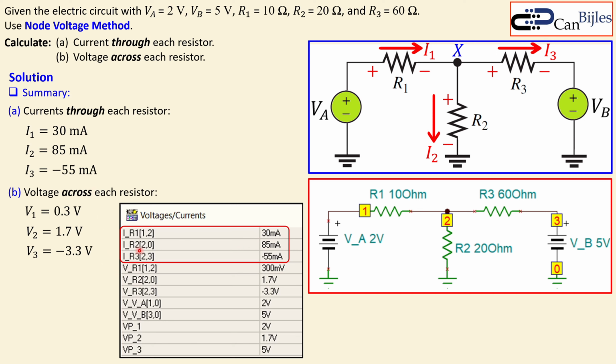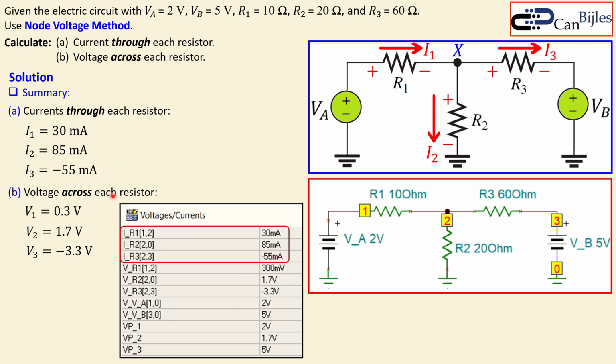I underscore R2 from 2 to 0, that is 85 milliamps, exactly what we have, also perfect. Now I underscore R3 is between 2 and 3, again the same direction we have chosen. That is minus 55 milliamps, that is a minus sign, exactly what we have.